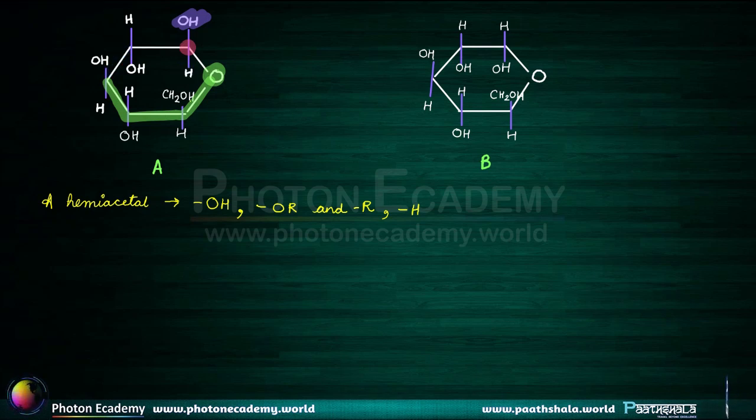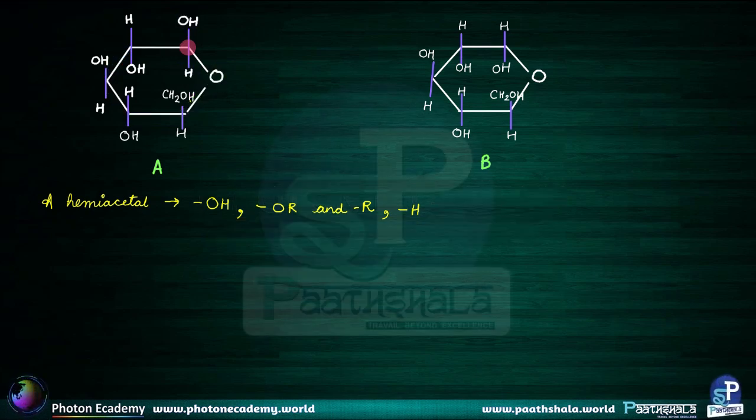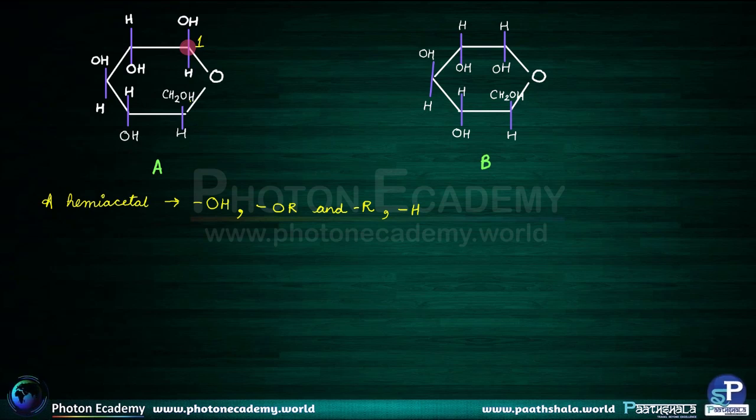So can I call this a hemiacetal now? Of course I can. If I look at this carbon, let's call it 1, I can easily say that C1 has all the groups.